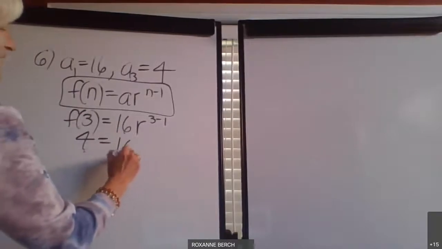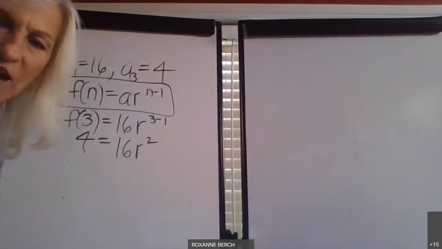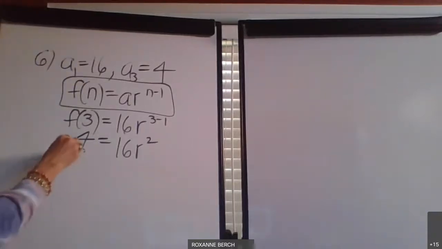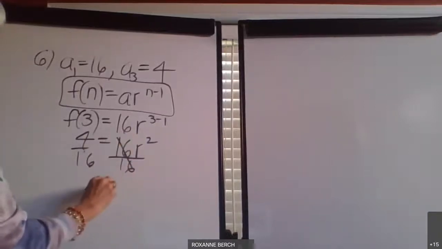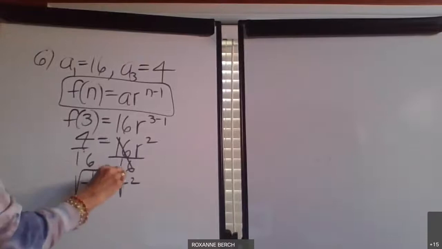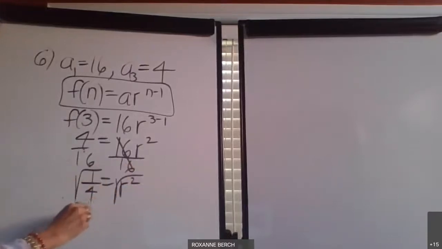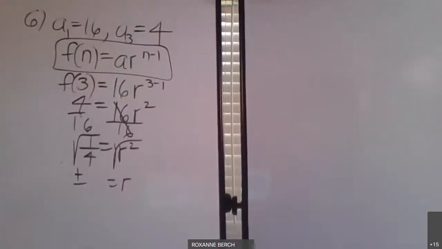And so what I have now is 16r squared. Well, I can have a quadratic. I'm going to solve a quadratic. So I'm going to divide both sides by 16, and I get r squared equals 1/4. And now I'm going to take the square root of both sides. Don't forget plus or minus. So I have plus or minus 1/2.